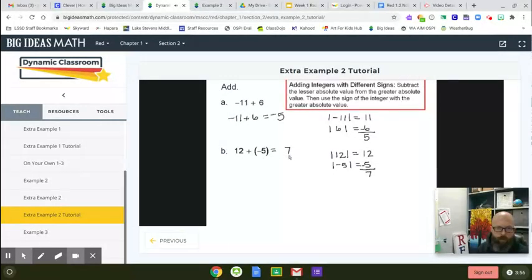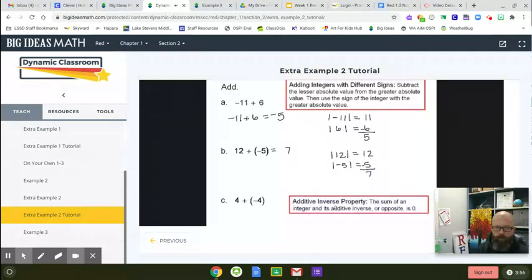Now notice one's positive, one's negative, but we have both of them as 4. This is a special case. We can use the additive inverse property. This says that the sum of an integer and its additive inverse, or opposite, is 0. The opposite is two numbers that are the same distance from 0 but on opposite sides of 0.